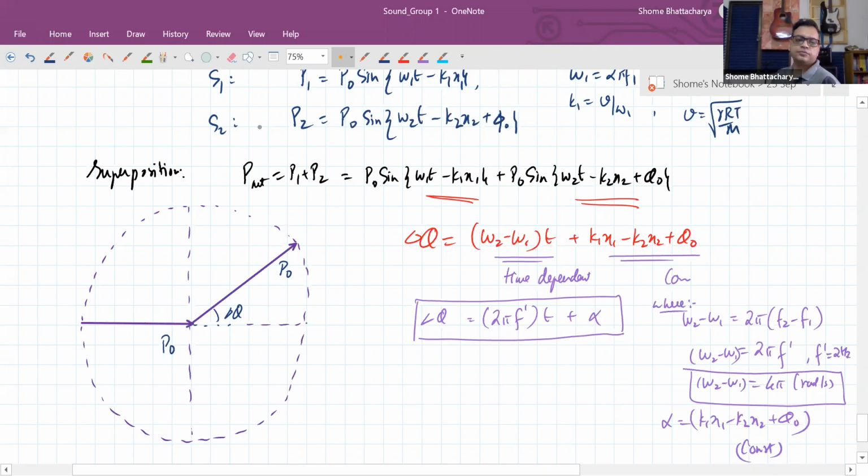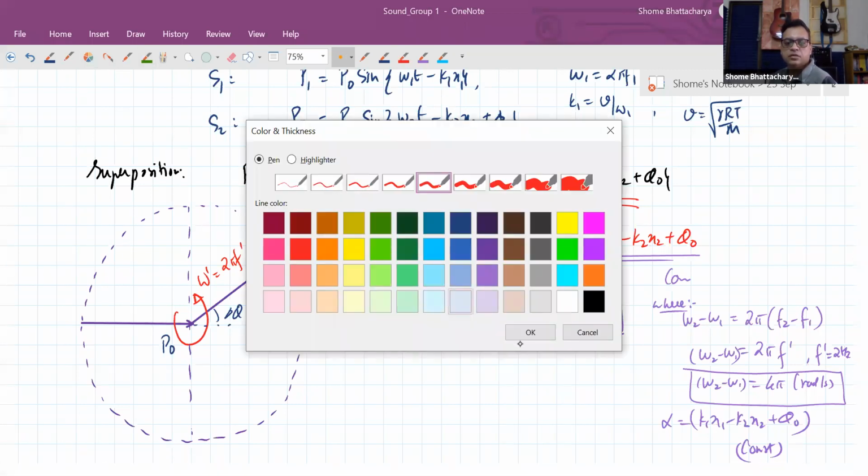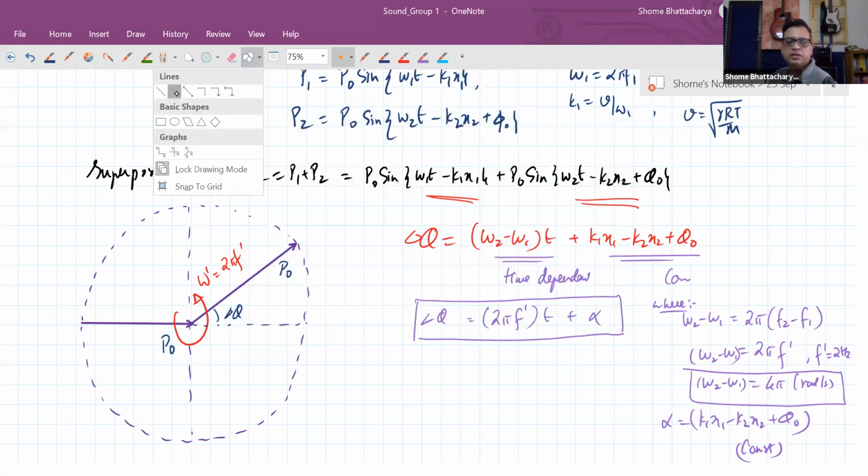Okay. So this is in a state of motion with an omega prime which is 2 pi f prime. So you can see that the effective amplitude that you're getting, that is like the chord of this circle, is all the time changing with time. So that's a very nice way to mathematically understand what's happening. I mean, to geometrically understand what's happening here.